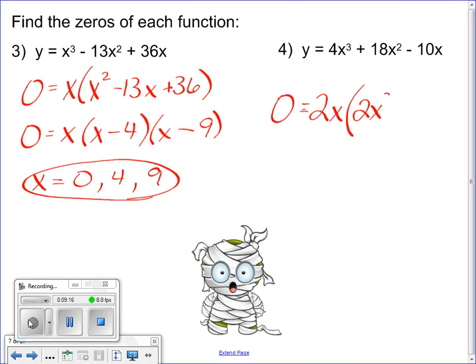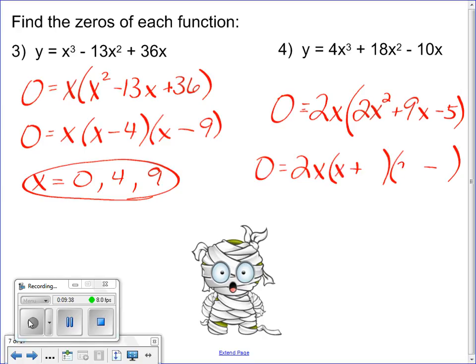So 2x squared plus 9x minus 5. All right. Can I still factor that? Yeah, sure I can. What are your signs? Ooh, options for A? So 1x and 2x. 1 and 5 or 5 and 1? 5 and 1.